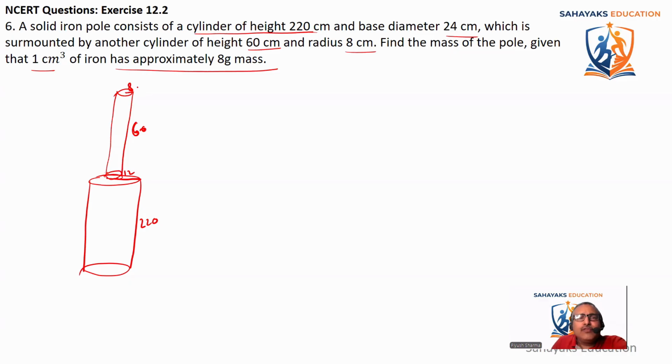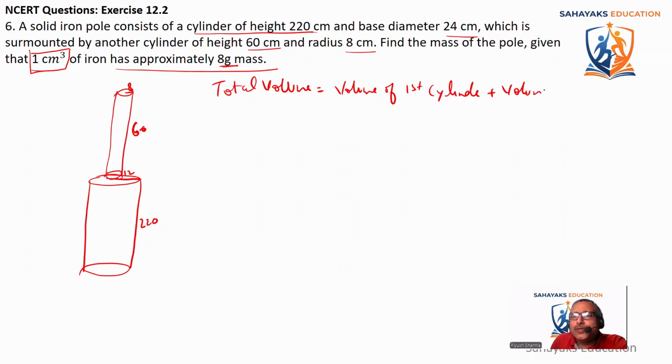Okay. So when we have to find the mass of the pole, first of all, we should find the volume. 1 centimeter cube has 8 grams, so with the volume, when we multiply it with 8 grams, it will give us the mass. So now the total volume is equal to volume of first cylinder plus volume of second cylinder.